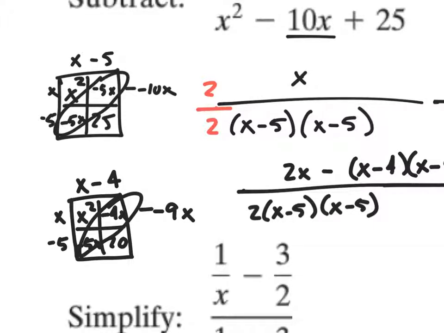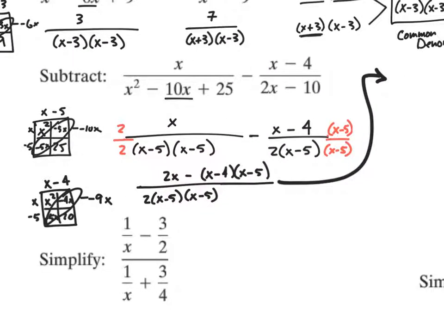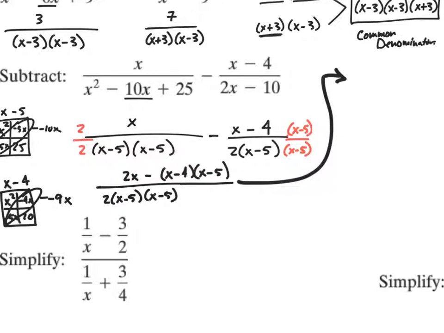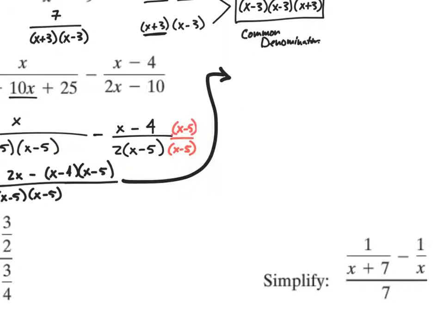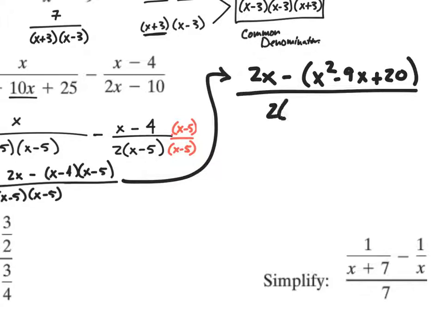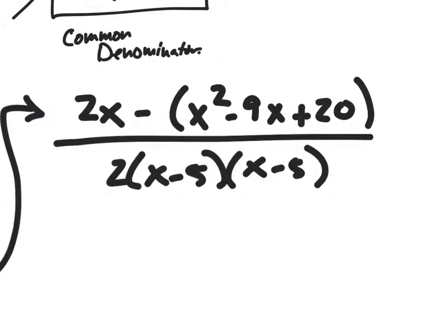So when I multiply this out, and I do need to multiply that out before I can combine my like terms here, what I'm going to get is 2x minus the quantity x squared minus 9x plus 20 all over 2 times x minus 5 times x minus 5. Now I need to simplify this, and I'm going to distribute this negative.